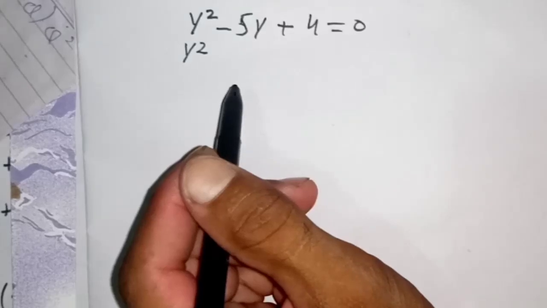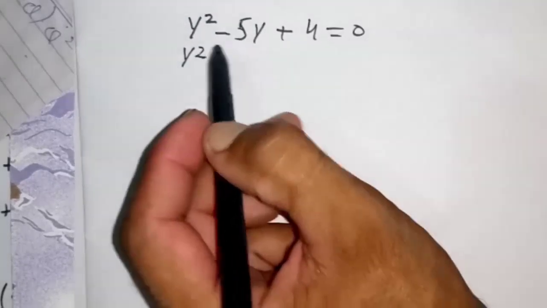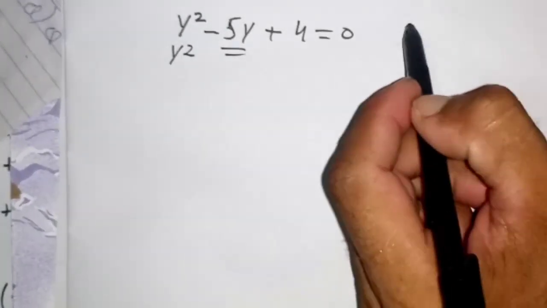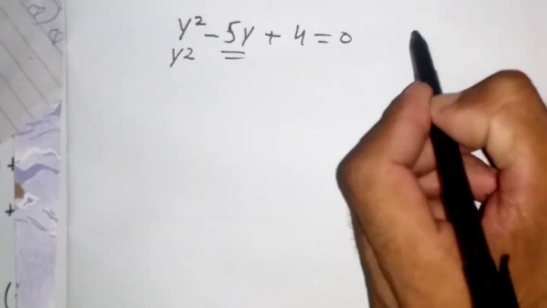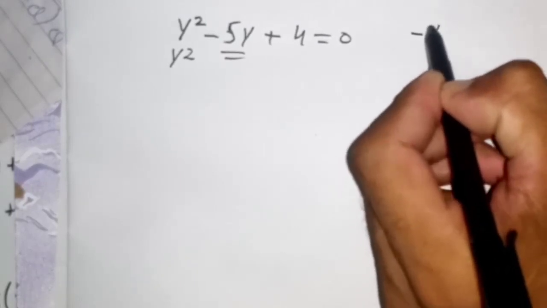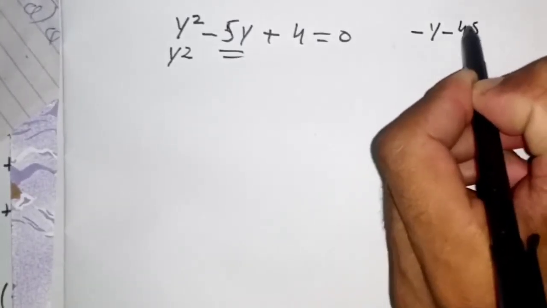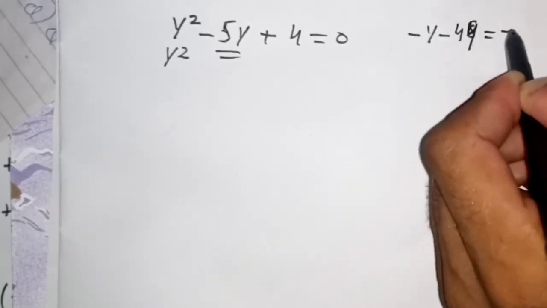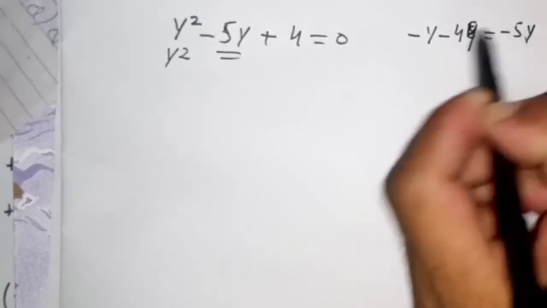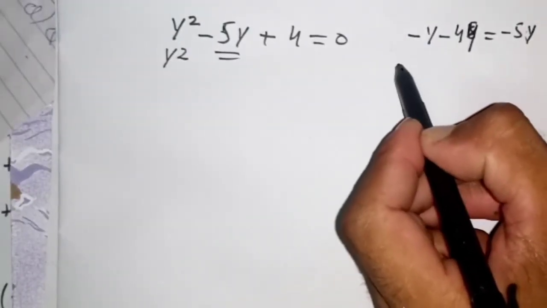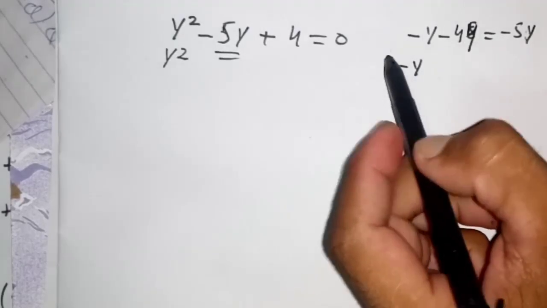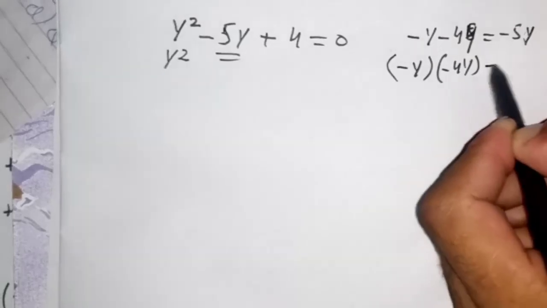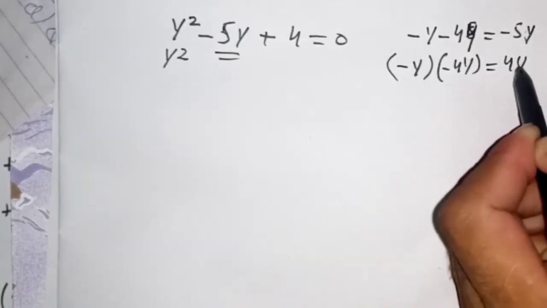Now we will split -5y into two terms, such that if we add them we get -5y, and if we multiply them we get 4y^2.